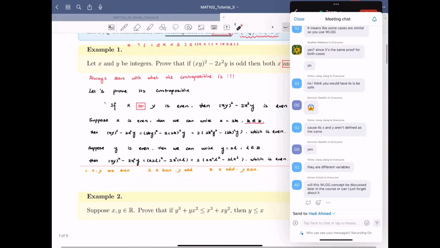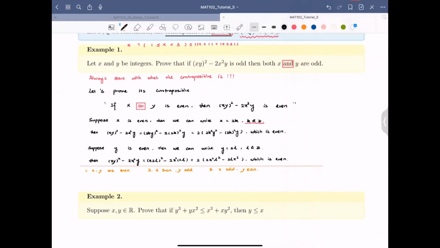So once we get here, you should make a conclusion. You should have a conclusion sentence. You should say, well, since the contrapositive is logically equivalent to the original statement, the original statement is also true.